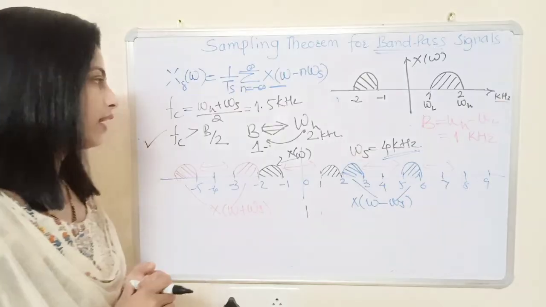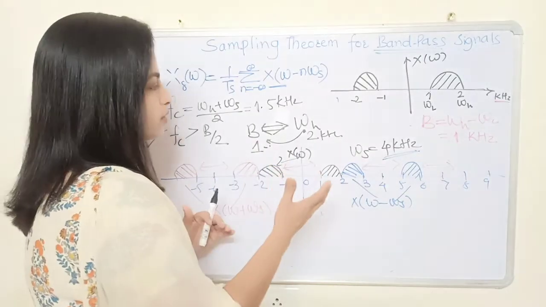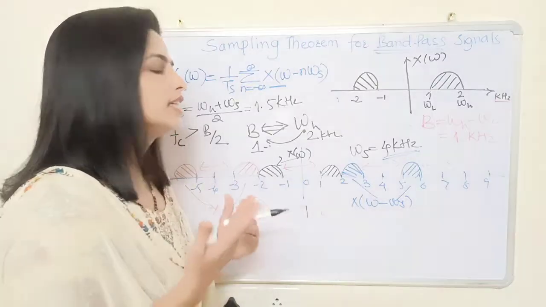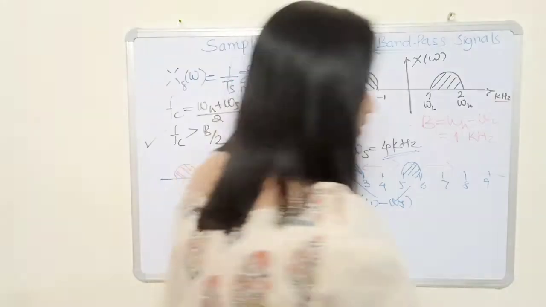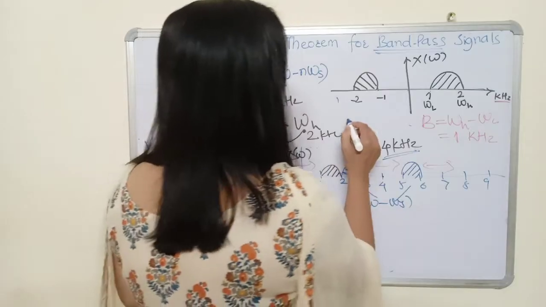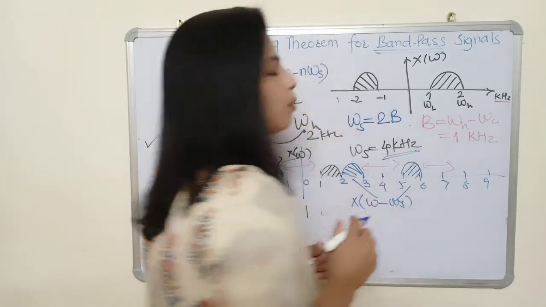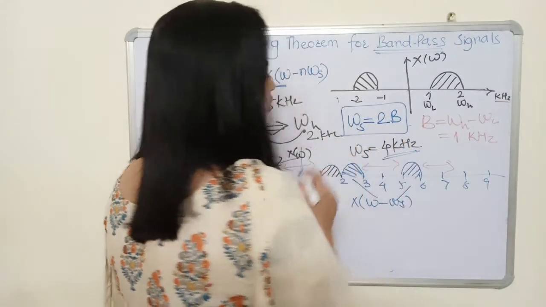So we can see that it is an integer multiple of the bandwidth. So we can apply a sampling frequency which is lower. Let us see what that new sampling frequency value is. That new frequency value can be equal to twice the bandwidth. So this is our new formula.